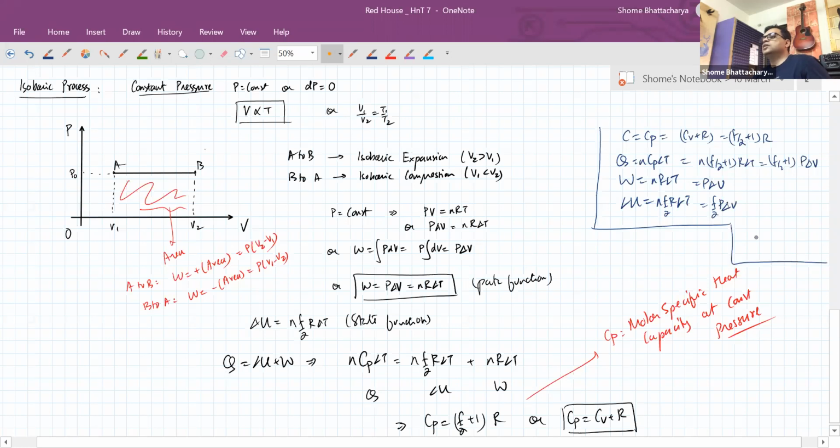So this is the situation about isobaric. Yes, Aman, that's correct.